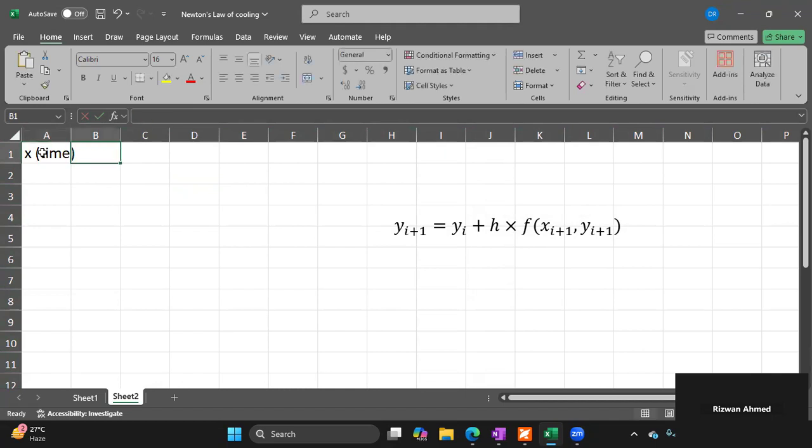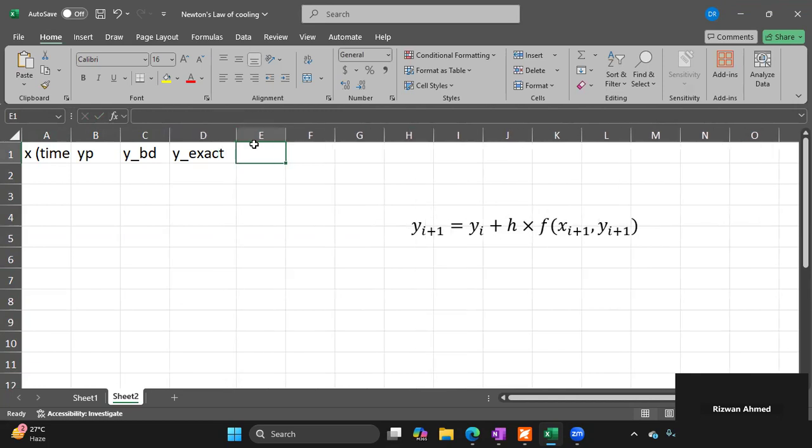I will calculate y, which I call the y predicted value, and then I will use the actual Euler's value for the backward difference method. I can also access the analytical solution, which is the exact solution for the radioactive decay problem, and I will calculate the error here.